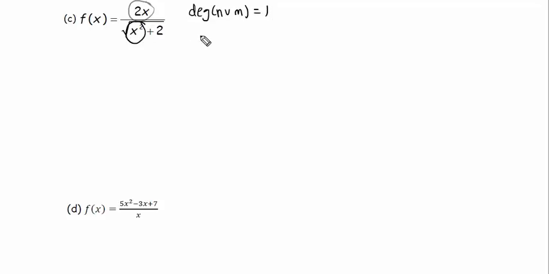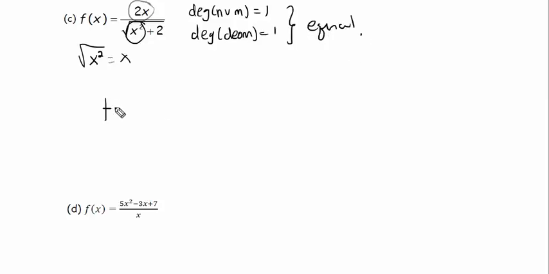Now, the degree of the denominator is also 1 because that x squared is in the square root, and the square root of x squared is just, well, x. Alright, so these are actually equal. So the horizontal asymptote is y equal to 2x over x, which means that this is going to be 2.